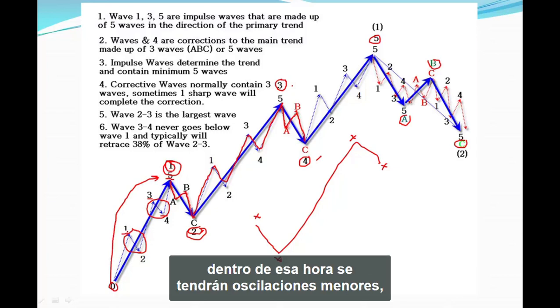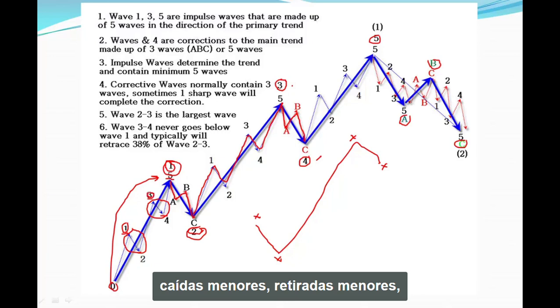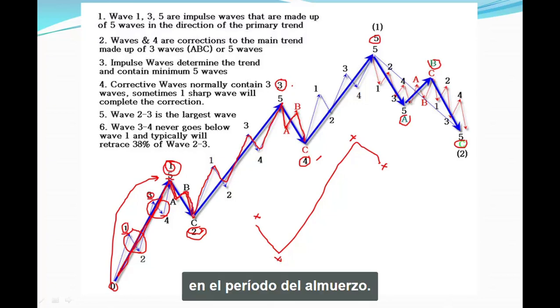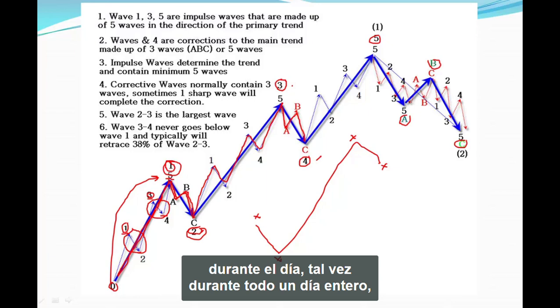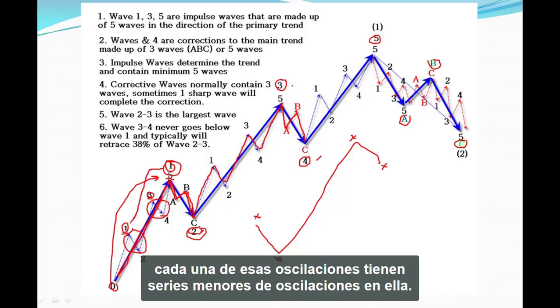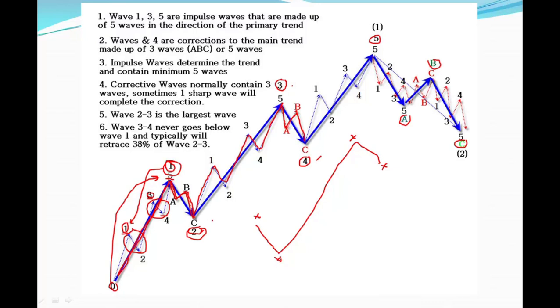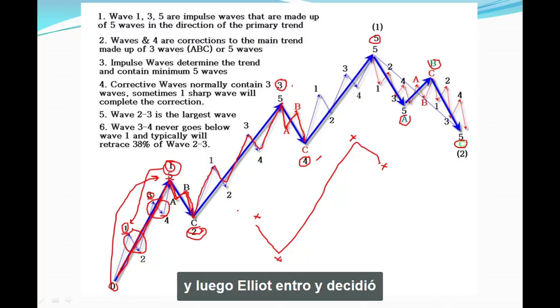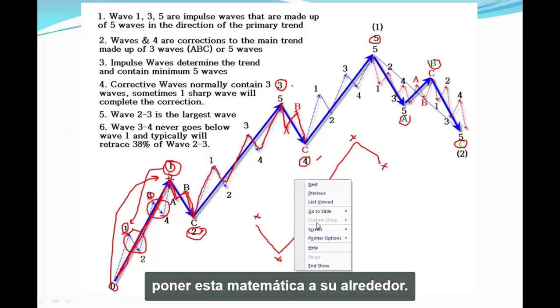Within that first hour, you're going to have minor swings, minor dips, minor pullbacks, and then start to go with that corrective wave process over the lunchtime period. So whether we're looking at this during the day, maybe one whole day, or 1 week, or however long on the bigger time frame, each of those swings have minor series of swings in them. This again was put forth in the Dow theory at the time, and then Elliott came in and decided to put his math around it.